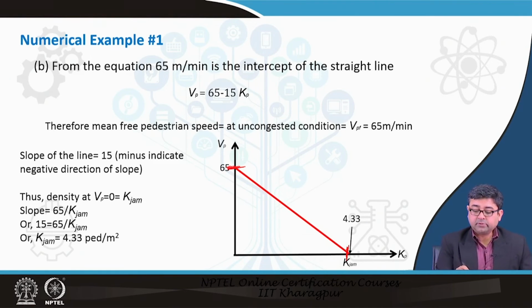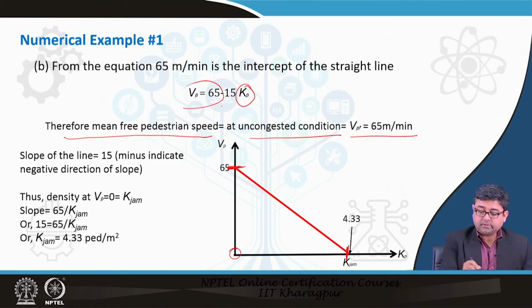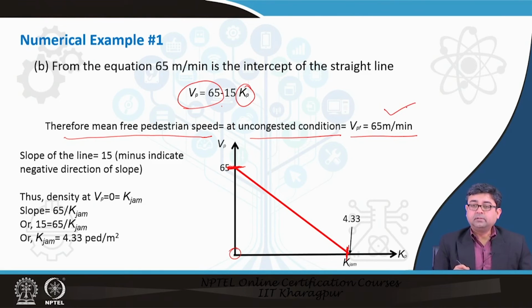At free flow speed, the density is 0. So the mean free pedestrian speed at uncongested condition, Vpf, is found by setting Kp equal to 0, then Vp is equal to 65 meters per minute, which gives you the free flow speed.